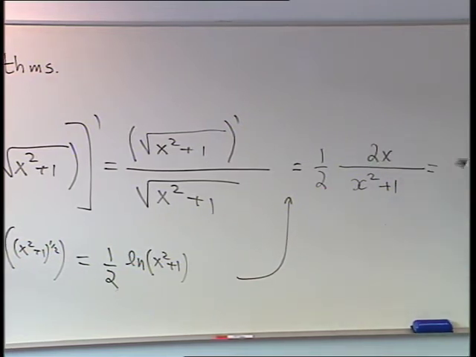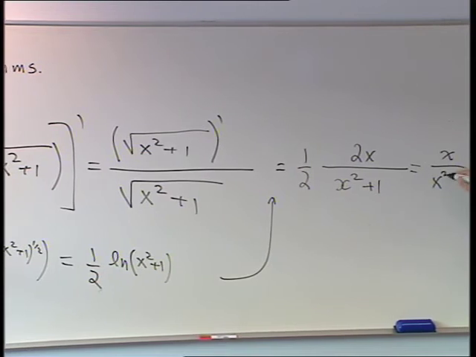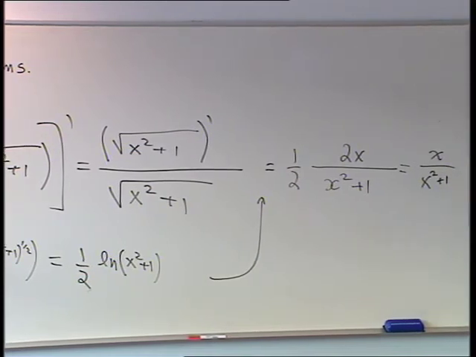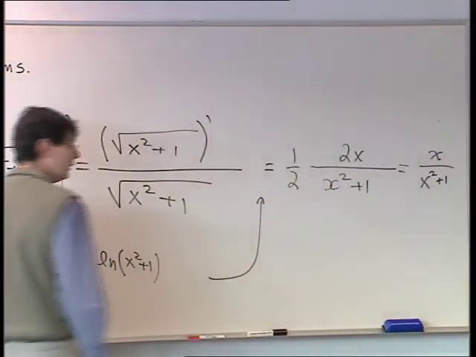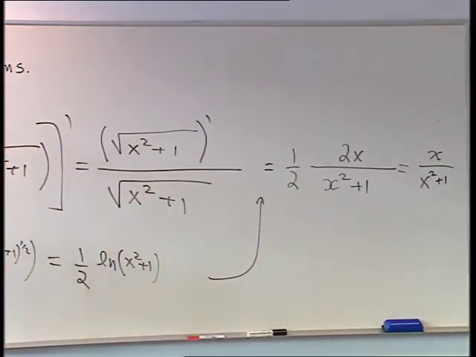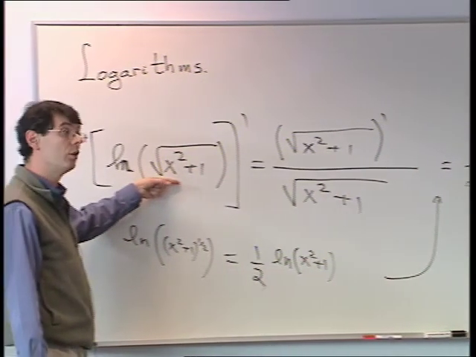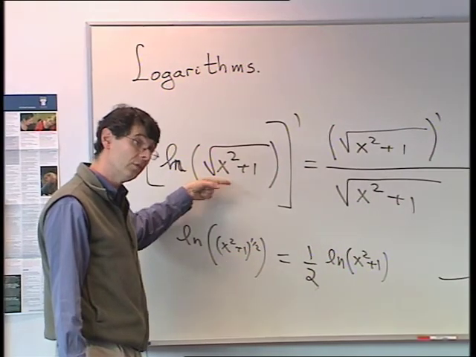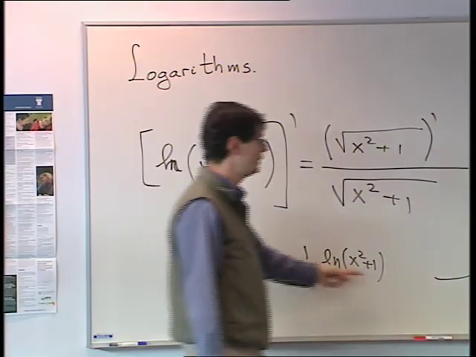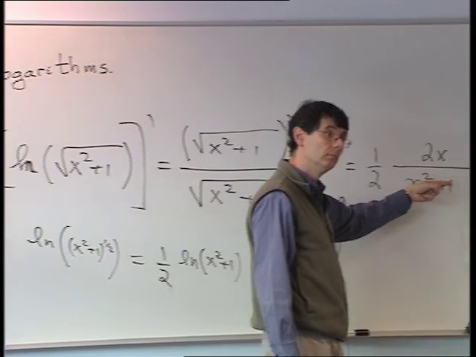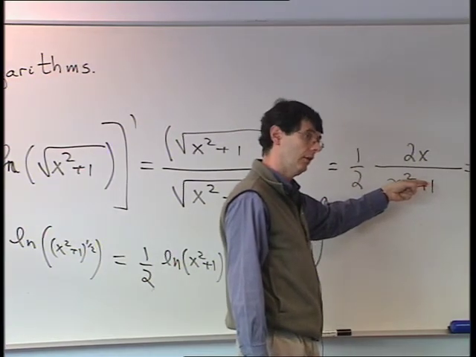The 2's cancel, so it's x divided by x squared plus 1. Okay? Notice that by using a property of a log before you take the derivative, I made the derivative easier. Is that all right?